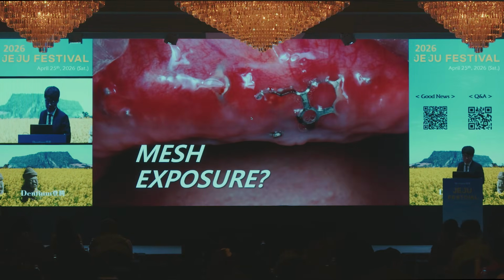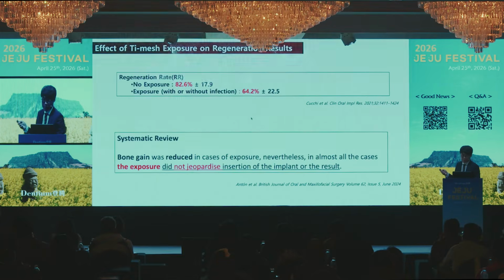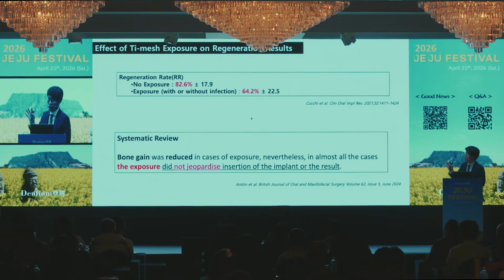And the last one, I'm going to talk about the last concern, mesh exposure. We encounter mesh exposure very often. But one thing we have to think about is exposure does not necessarily mean failure.